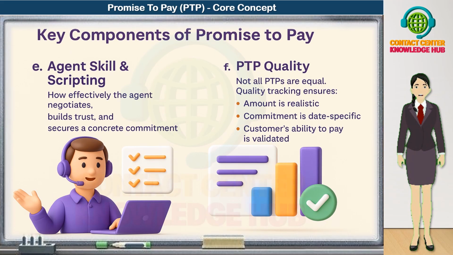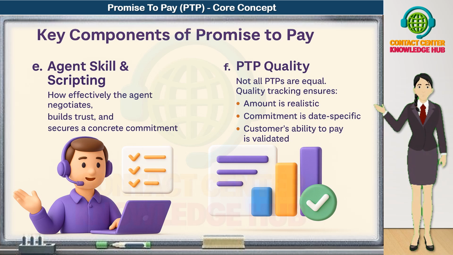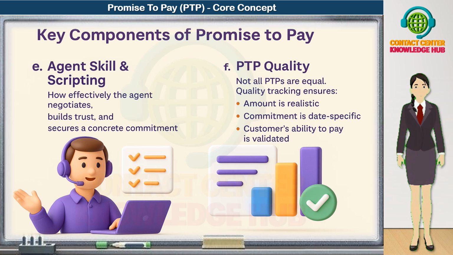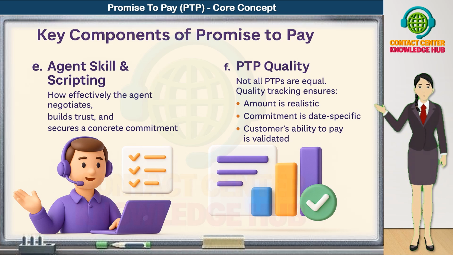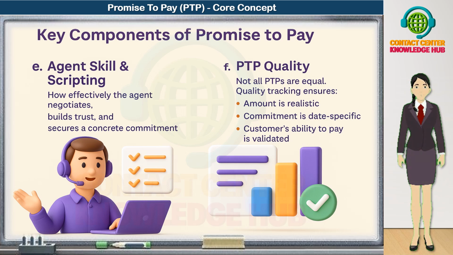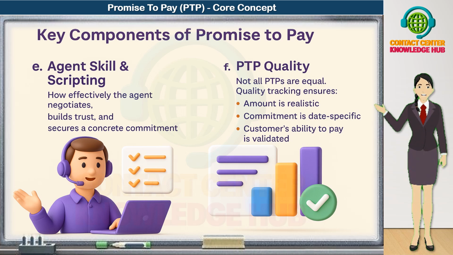Let's continue with two more key components of promise to pay: agent skill and scripting, and PTP quality. First, agent skill and scripting. The effectiveness of a promise to pay often depends on how well the agent negotiates, builds trust, and secures a clear, concrete commitment. Agents who communicate confidently and empathetically are far more likely to convert a conversation into a firm promise.